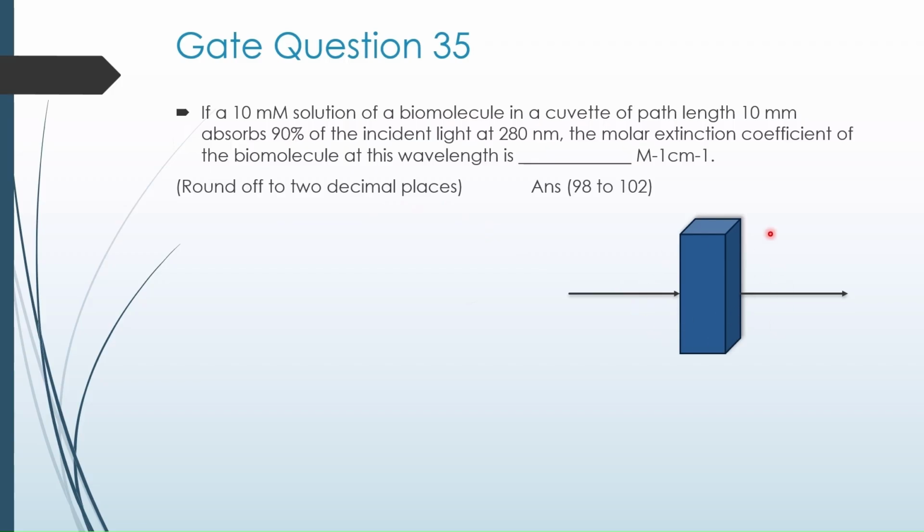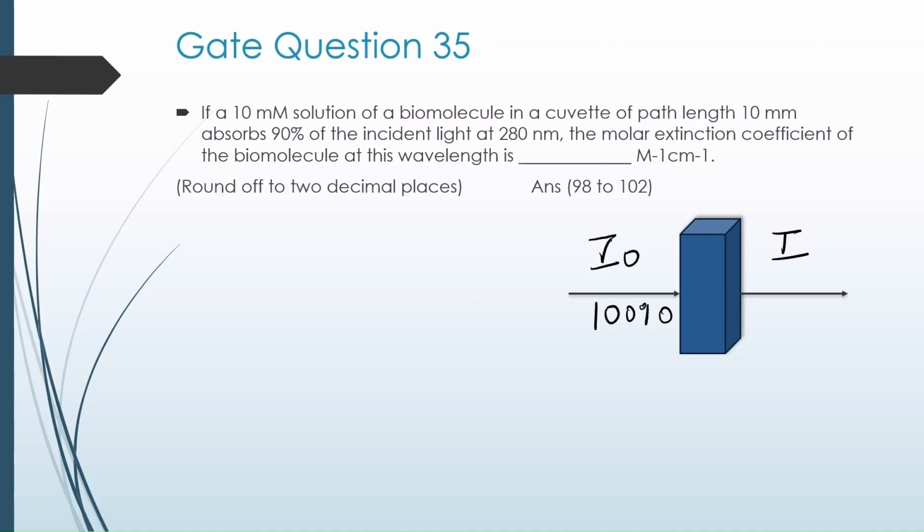In this figure, this is a cuvette, and the first line is the incident light that passes through this solution in this cuvette, and the second line is the transmitted light. Incident light is denoted as I naught and transmitted light is denoted as I. Incident light is 100%, and in this question the solution absorbs 90% of incident light.